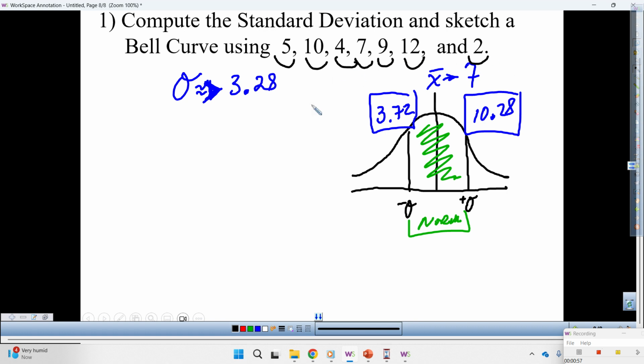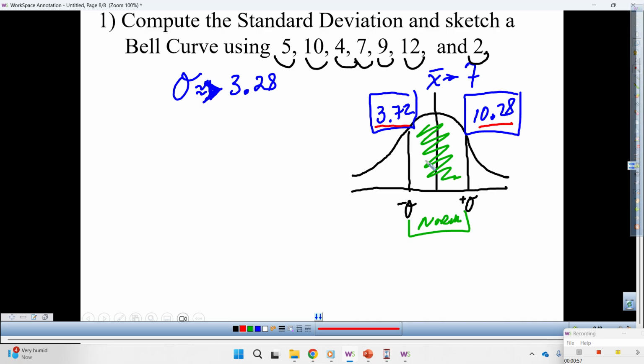All right, Luis, what do you think? Look up to the screen. Here it goes one more time. When I'm talking about the norm, that means anything that falls between 3.72 and 10.28. So what observation are we making? Well, are all of them part of the norm?